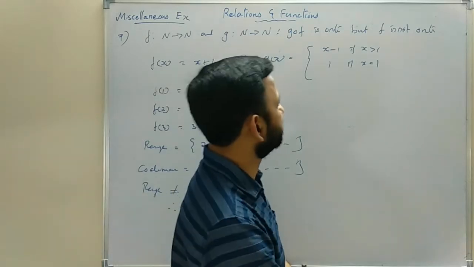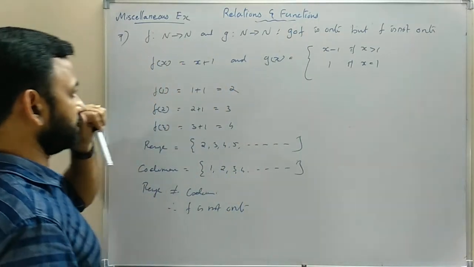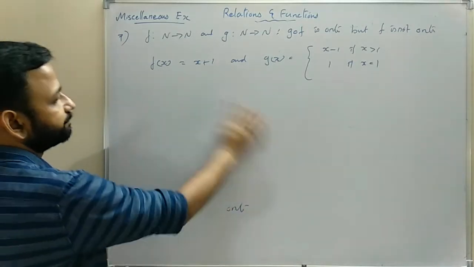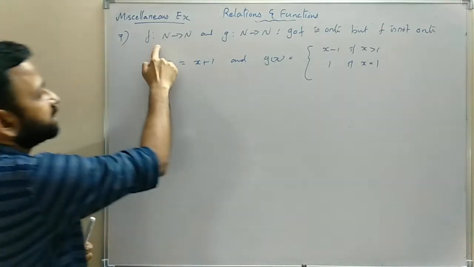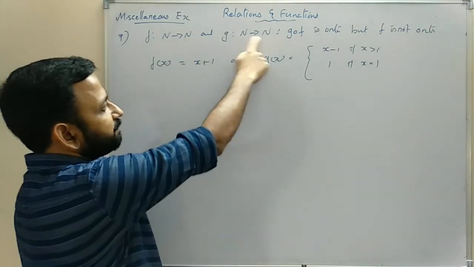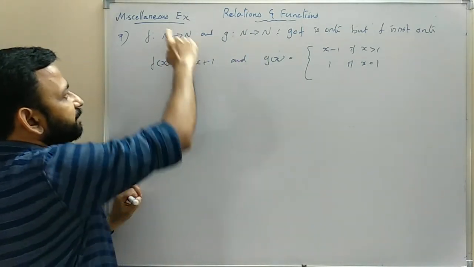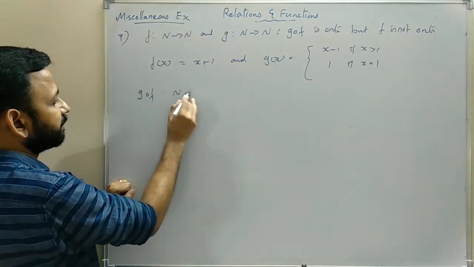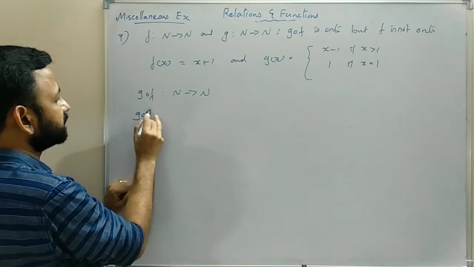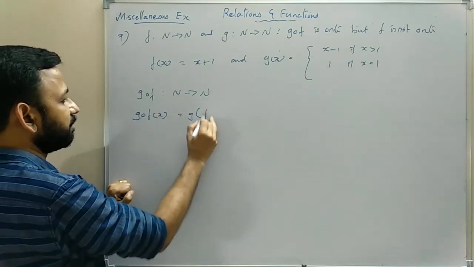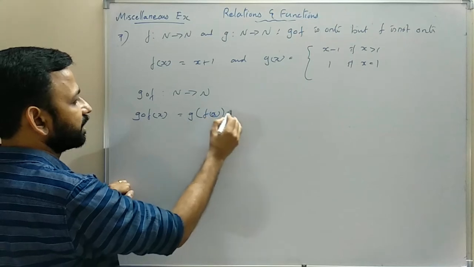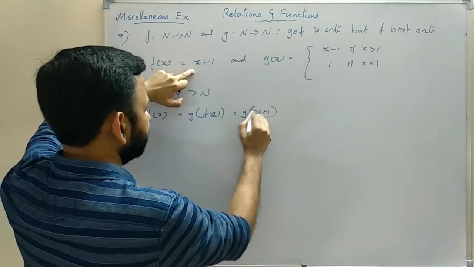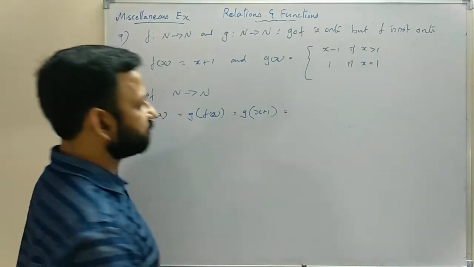Now we have to show that g composition f is onto. So g composition f, we need to find that. f is a function from N to N, g is a function from N to N, therefore g composition f is a function from N to N. Then g composition f of x is equal to g of f of x, that is g of x plus 1.